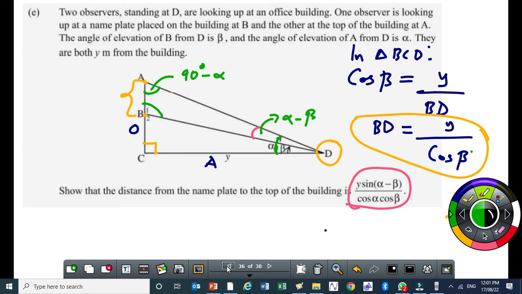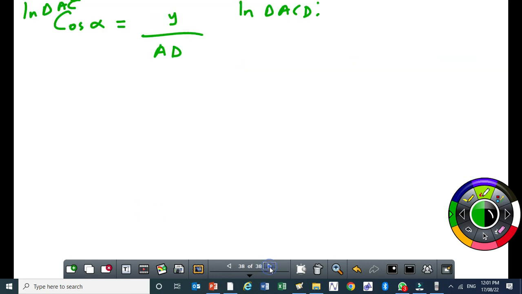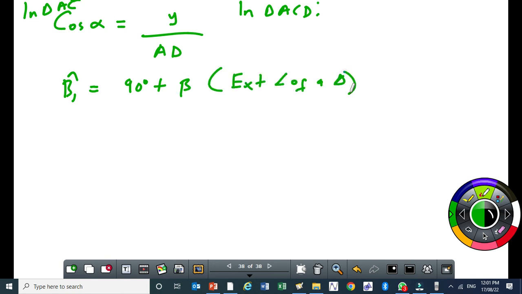You following that? Since I say B1 is an exterior angle of triangle BCD, I can also say B1 is equal to 90 degrees plus beta. Now this comes from the exterior angle of the triangle.